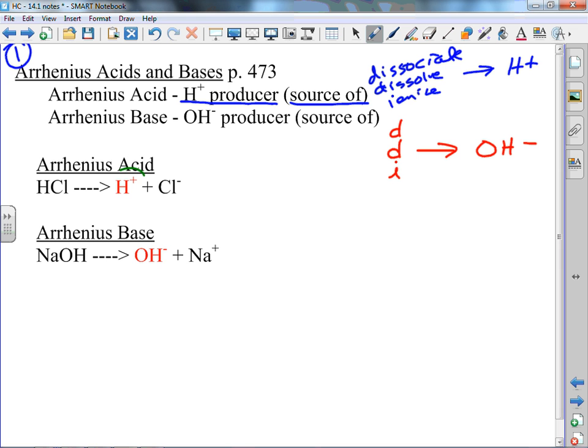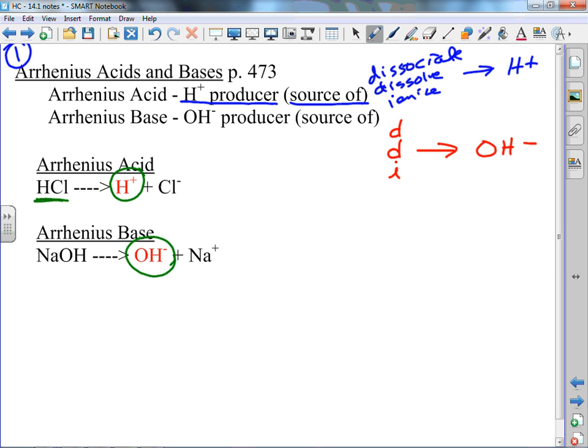We have just produced a hydrogen ion. It has separated itself. HCl is a source of hydrogen ions. Sodium hydroxide, if that were to dissolve, the sodium ion would separate from the hydroxide. We have produced hydroxide ions by the dissolution of that chemical.